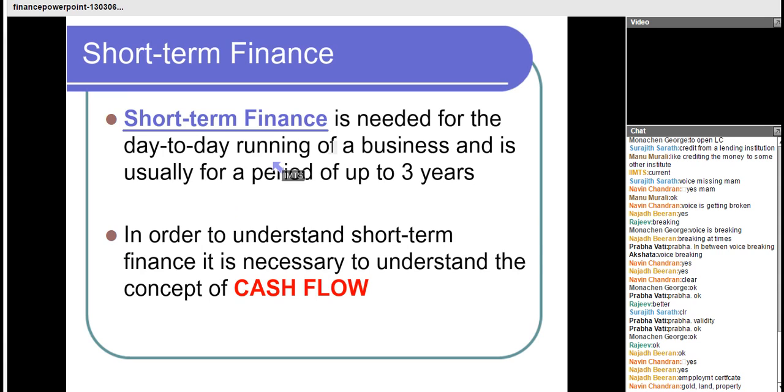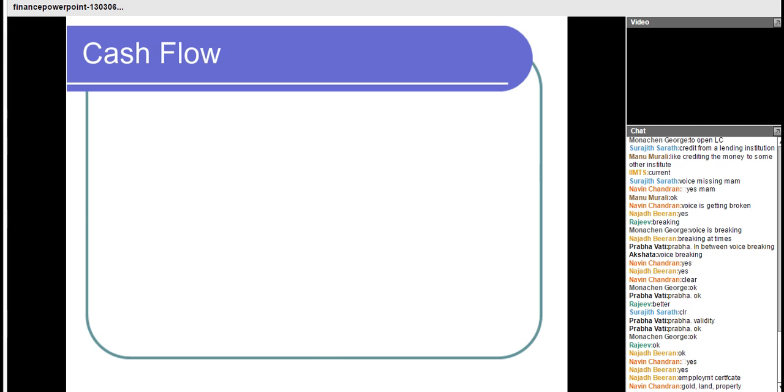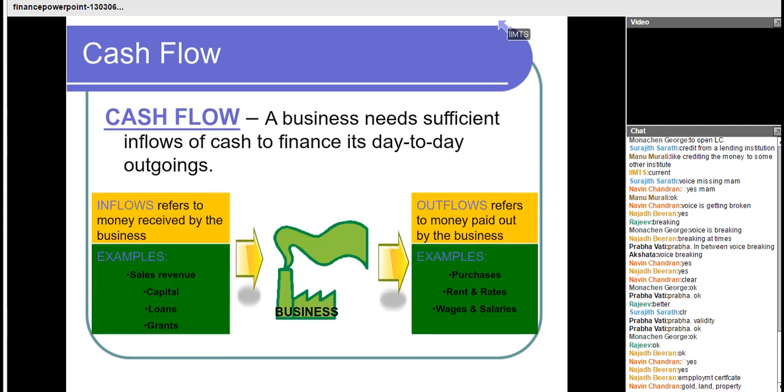So what is cash flow? It's a comparative statement which measures the inflow and outflow of funds from the business. Inflow means the money which you are going to receive, and outflow is the payments which you have to make.